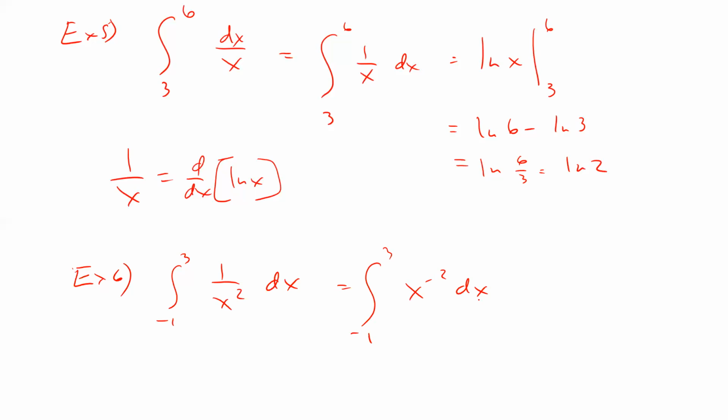Okay, so then think about what is going to make this a derivative. Negative 1, perfect. What we do is add 1 to the exponent: x to the negative 1 over negative 1. Eli is correct. That'll be negative 1 over x, right?